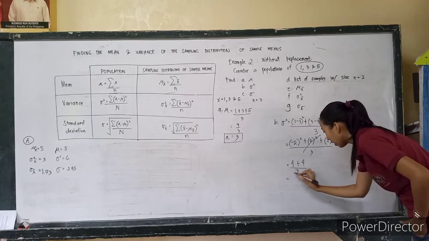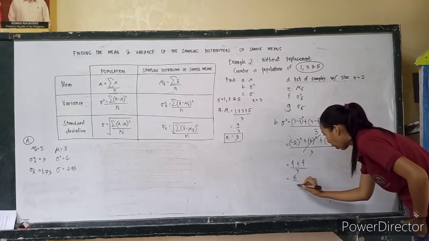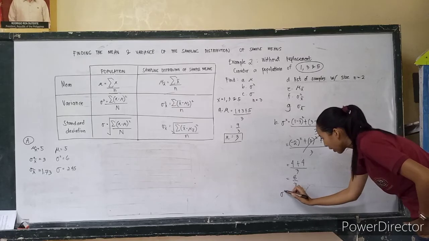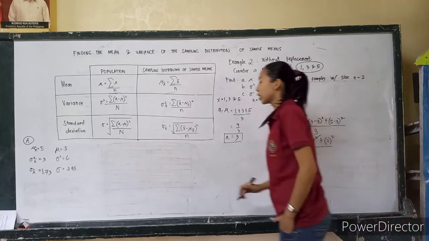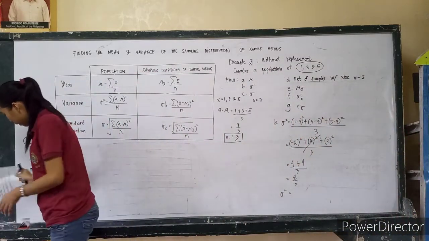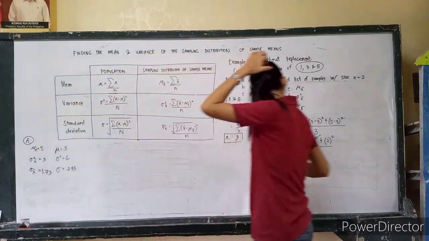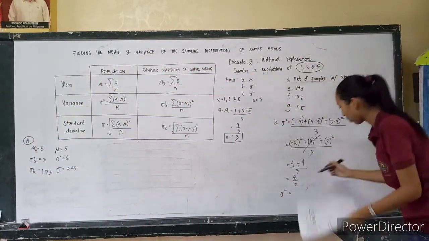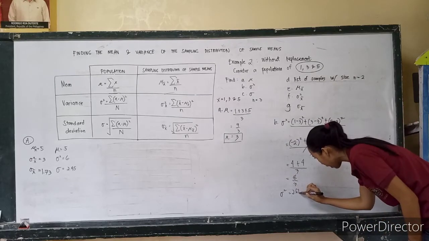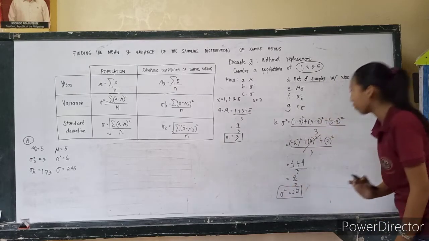Divided by 3, that is 8 over 3. Our variance now is equal to, based on our module, 8 over 3 is 2.67. That is now your variance.